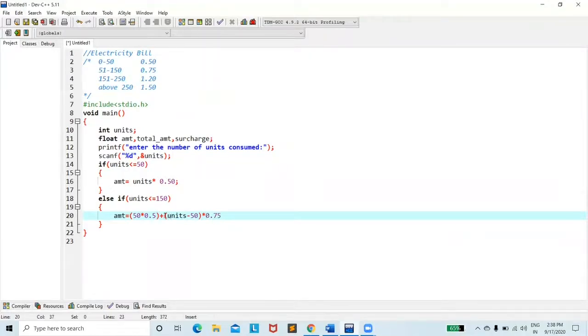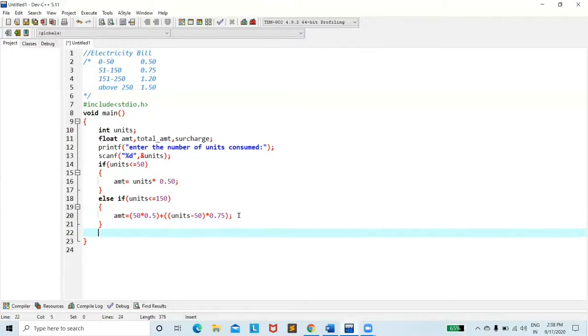So you got it, right? The first 50 units will be multiplied with 0.5 and the next, units minus 50, that is the remaining number of units, will be multiplied with 0.75. Semicolon. This way we'll be calculating for the remaining also.